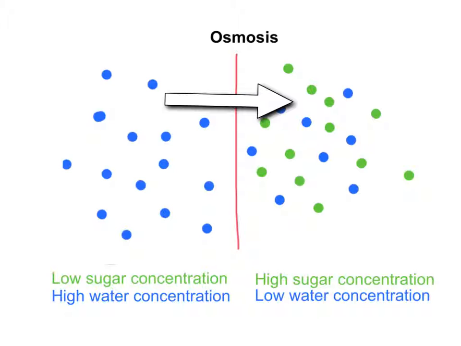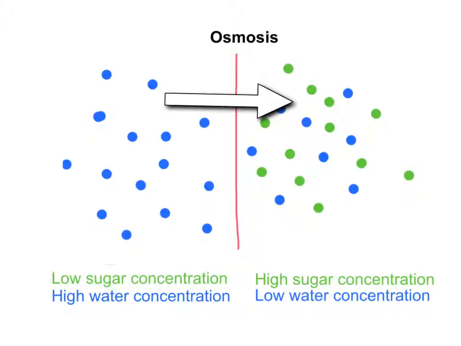So in osmosis, this permeable membrane, the red line right here, the low sugar concentration wants to move where they have more room.